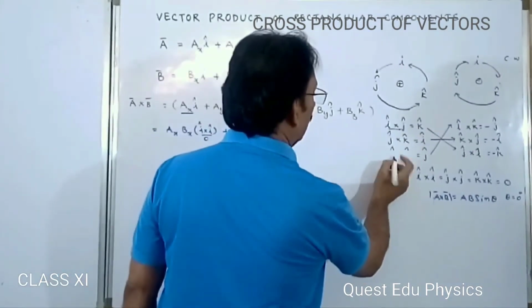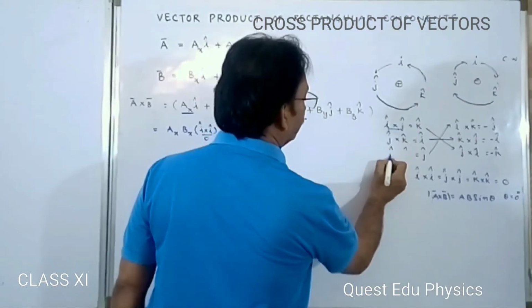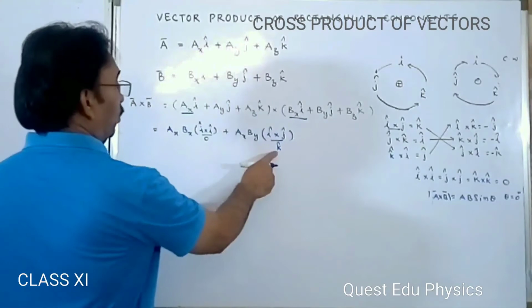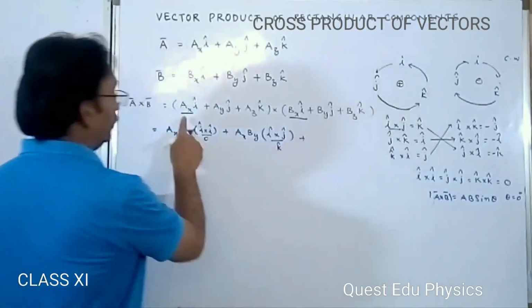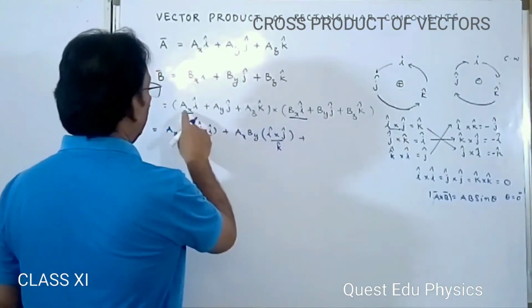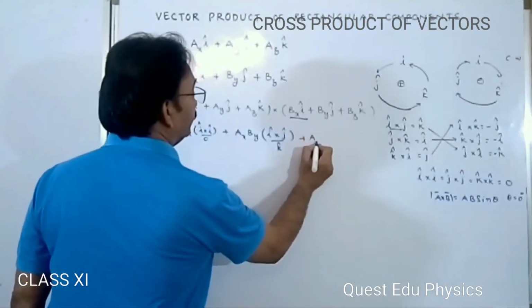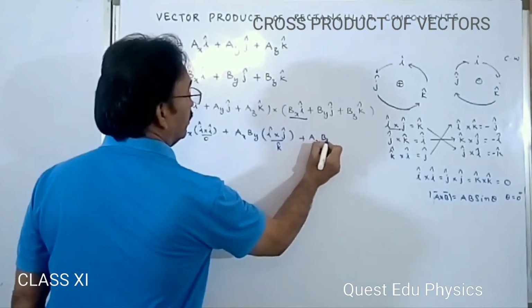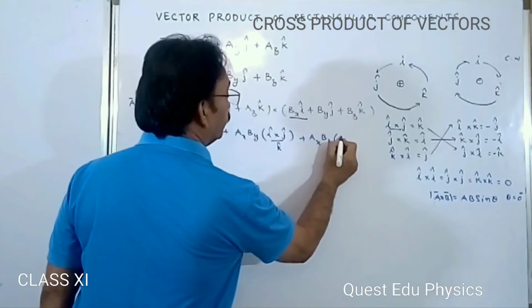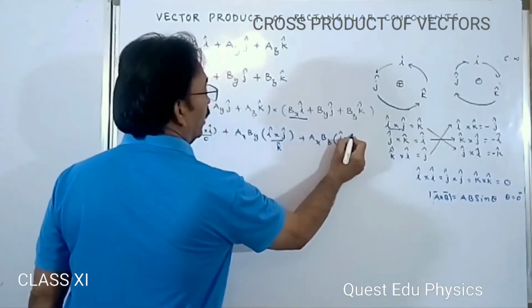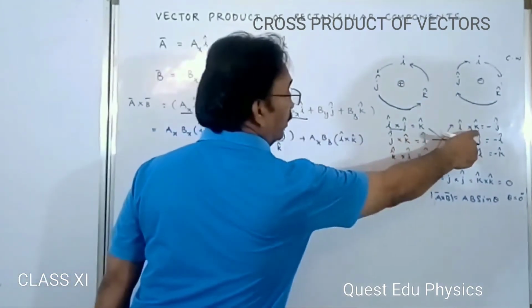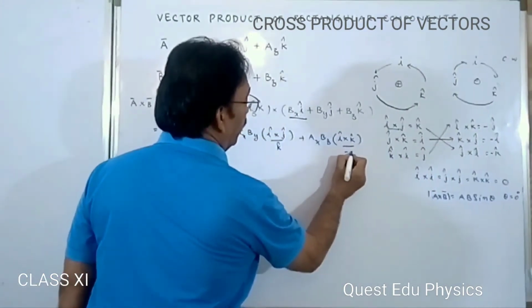Here what you have to write, ax by times k cap, plus ax bz into i cap cross k cap, we got it as minus j cap.